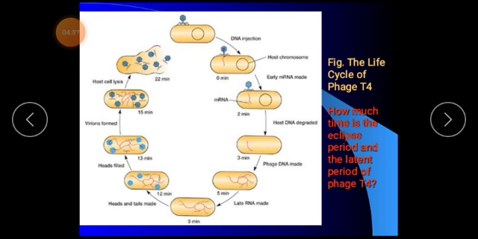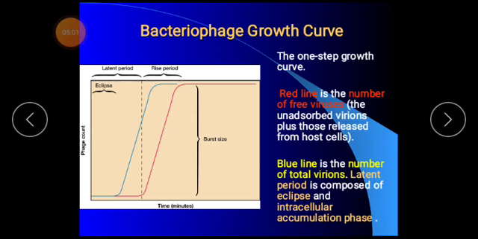How long are the eclipse period and the latent period of phage T4? You have to understand this process. The blue line represents total virions, and the latent period is composed of the eclipse and intracellular accumulation phases.